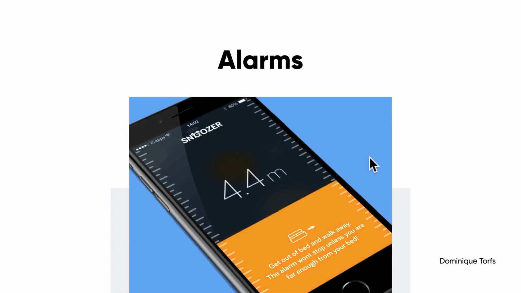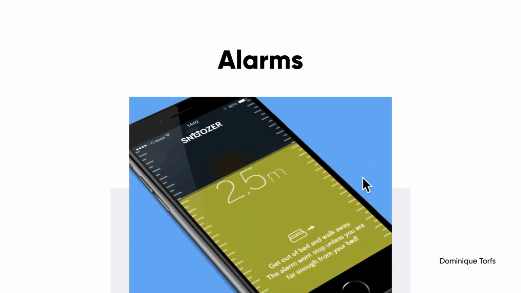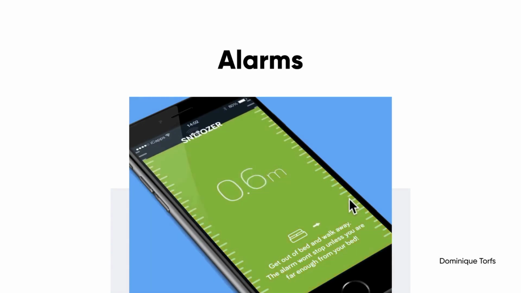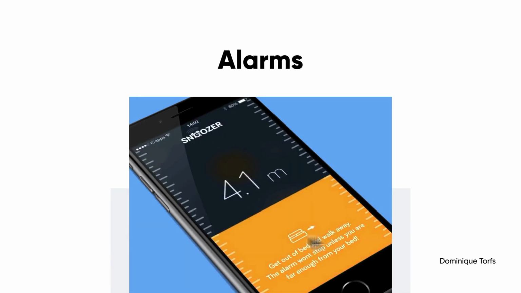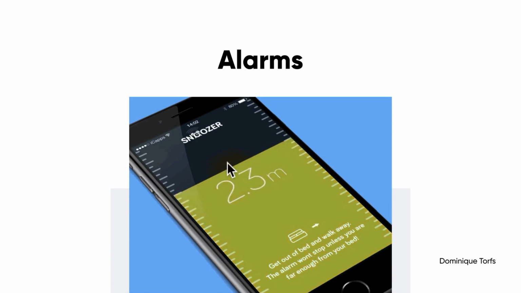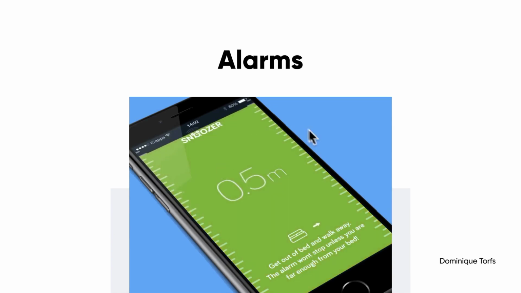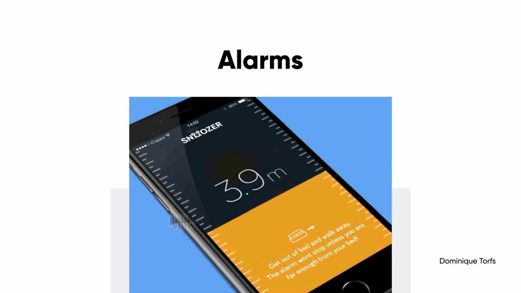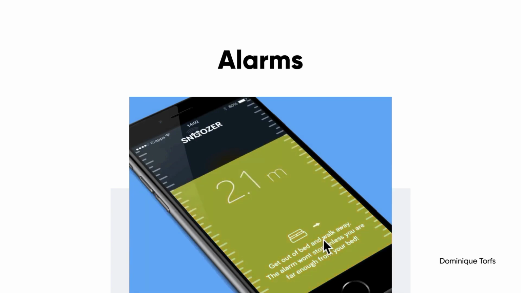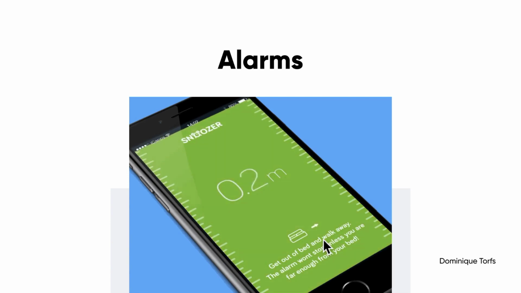Alarms are micro-interactions, so they are triggered by the system. They can also be triggered by the user. So right here, a system is giving feedback that the user needs to get out of bed and walk away for something to happen here. So I'm guessing the alarm is really, really loud. So that is a micro-interaction based off of a system trigger.